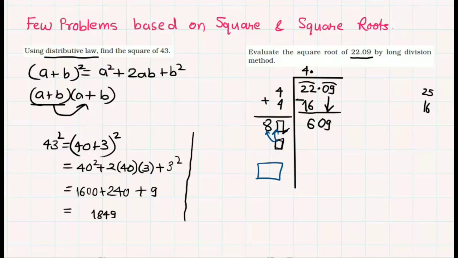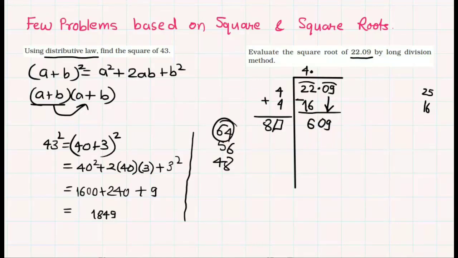Let's see. What do we do here? We do smart work. Now 8 sevens are 56. So 8 sixes are 48. So this digit that we have to put here has to be either this or 8.